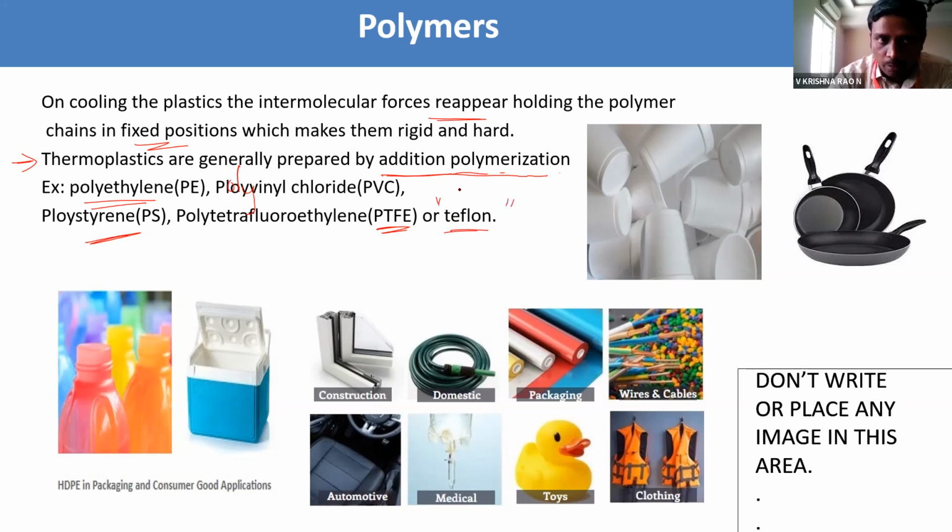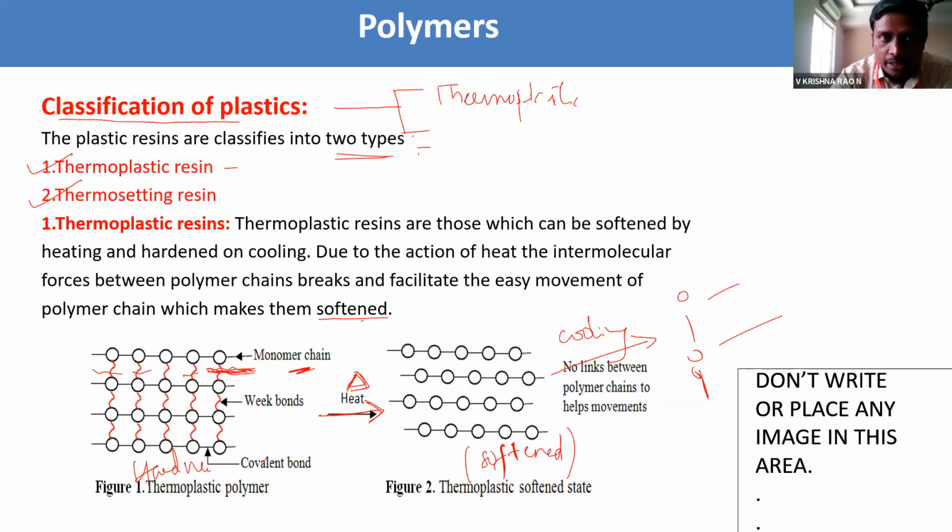Thermoplastic resins are those polymer resins which are softened by heating and hardened on cooling. The intermolecular forces present between the polymer chains undergo breakage and facilitate easy movement of the chains, which makes the polymer soften.